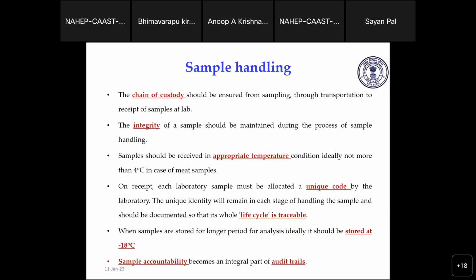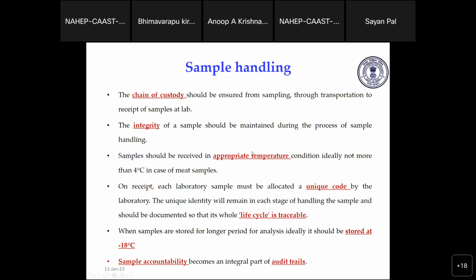Animal origin products ideally should be transported at a proper temperature, ideally maintained at -18, and we need to check the temperature conditions during transport. Second, the integrity of the sample should be maintained during the process: it should be properly sealed and intact.